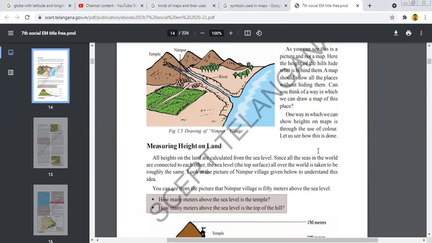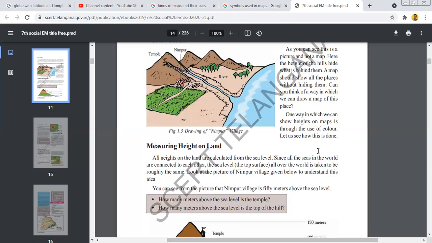Already we have discussed that the surface of the land is not even, not plane, it is uneven. So that's why to measure the height of the land, we use sea level. Why? Because all the seas are interlinked. All the seas on the earth surface are interlinked.